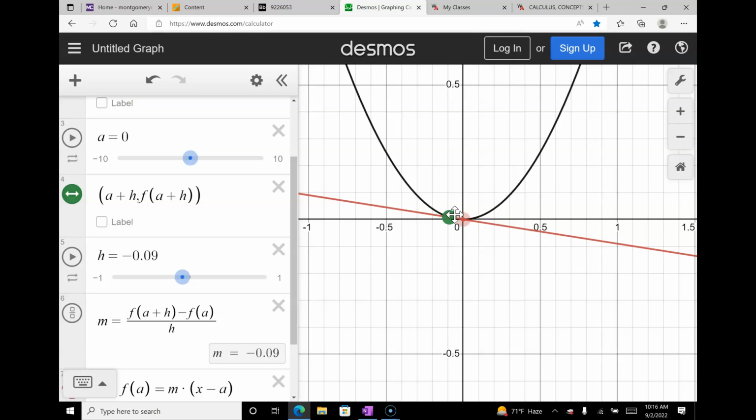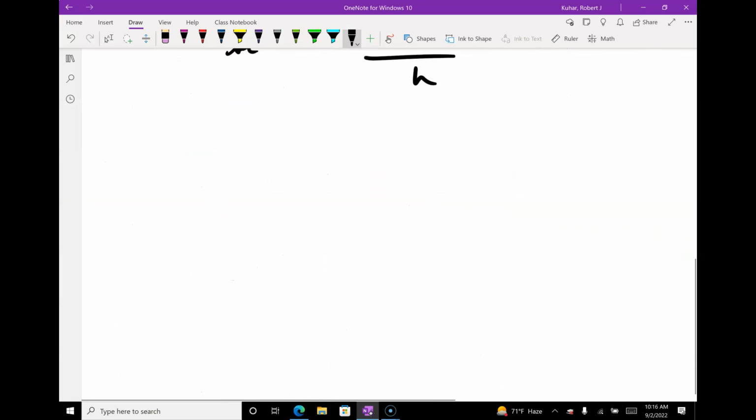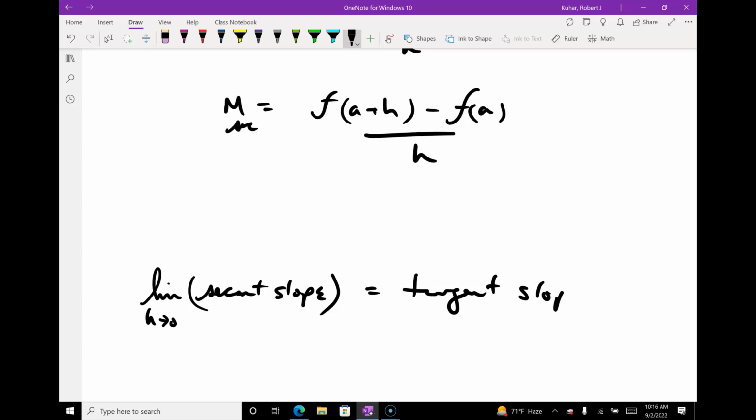So here comes our important piece of information, and then we'll do a problem, okay? I know it's boring as hell. The limit as h goes to 0 of the secant slope is the tangent slope, or the slope of the tangent line.